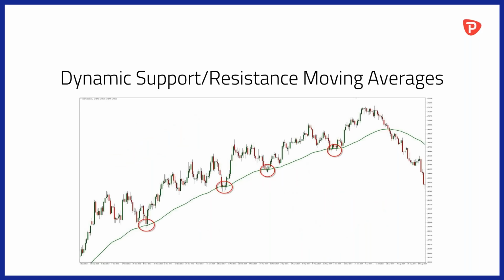So what I wanted to talk about just quickly here was dynamic support and resistance moving averages. Here we have a moving average on a chart. This is a Great British Pound US dollar daily, and we can see that while this is in an up trending time frame, every time it's pulling back, it's finding that dynamic support on this moving average.